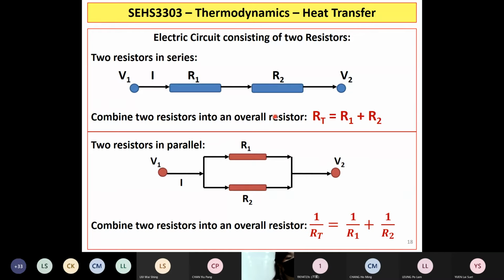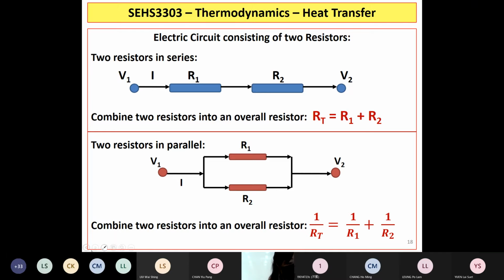The sum of all the resistors. In this case, if we have two resistors in this circuit, RT equals R1 plus R2. Quite easy, right? The other type is where the resistors are arranged in parallel.